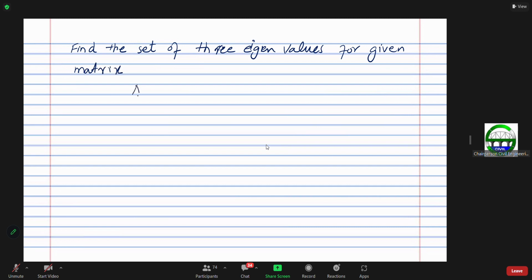A is equal to 5, 0, 1, 0, minus 2, 0, 1, 0, 5.